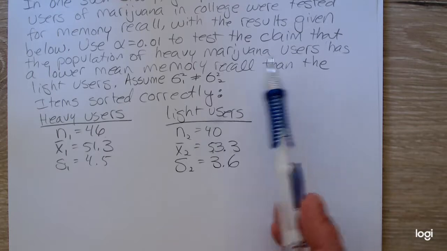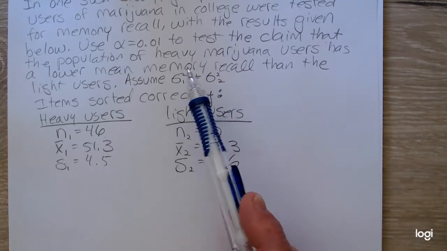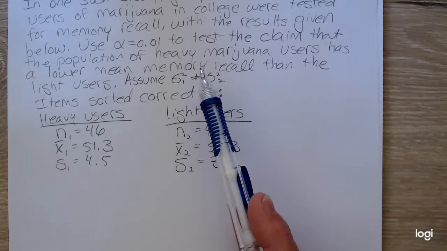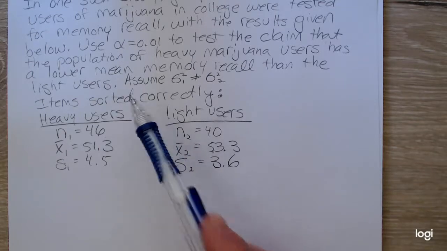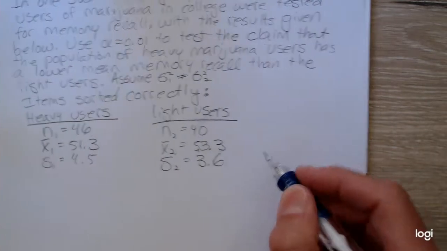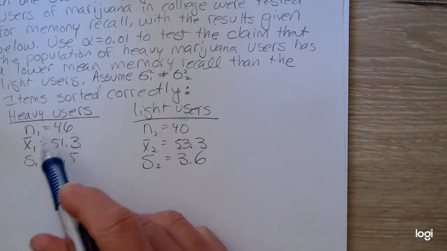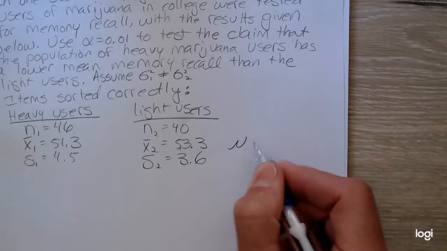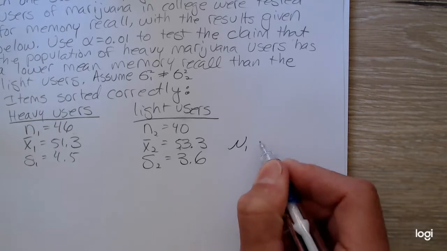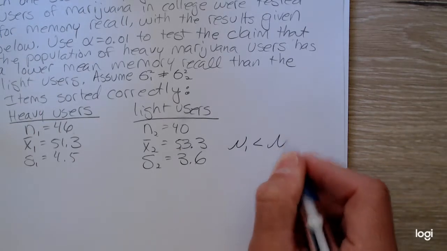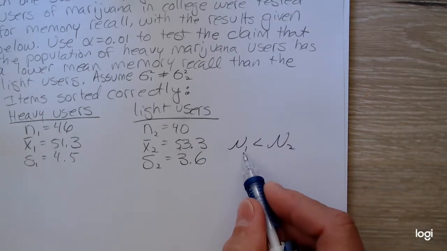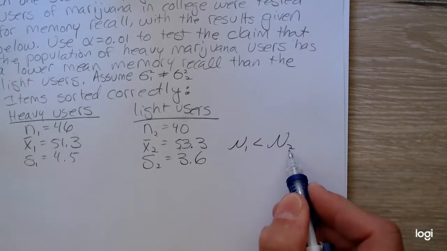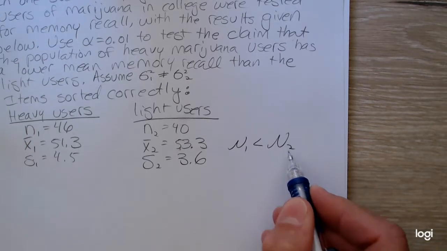The claim is that the population of heavy marijuana users has a lower mean than that of light users. I've already labeled the heavy user sample as sample 1. So that would be mu sub 1 less than mu sub 2.